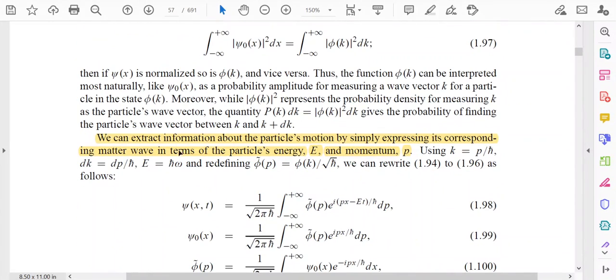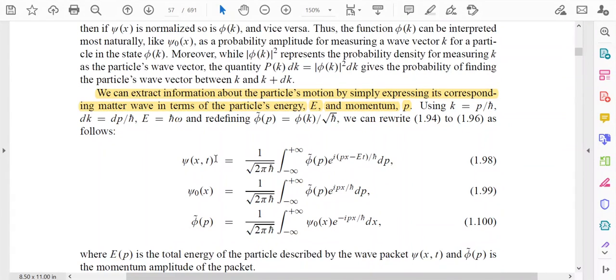We can extract information about the particle's motion by simply expressing its corresponding matter wave in terms of the particle's energy E and momentum p. So, we can describe the matter wave or the wave packet in terms of the energy and momentum. We have already shown how to describe a wave packet.